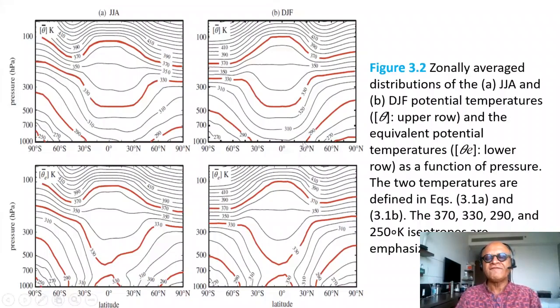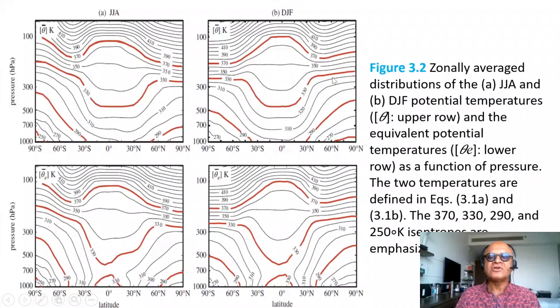And you can see the difference from the summer season to the winter season, especially in terms of the colder 290 Kelvin isentrope, for example, coming further down here from about 40-50 north to 30 north or so. Okay, so those kind of subtle things have to be watched out for.